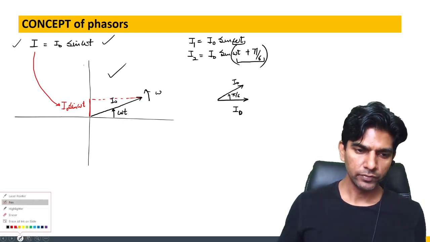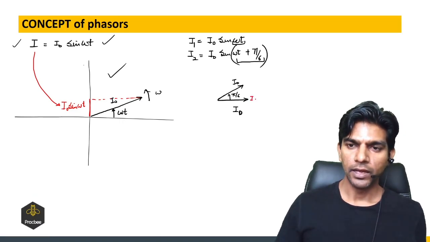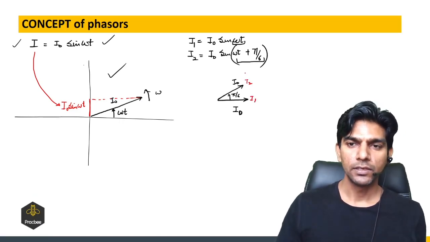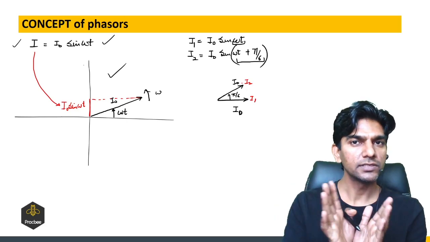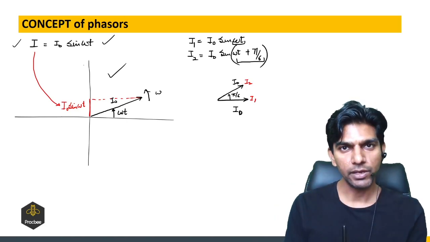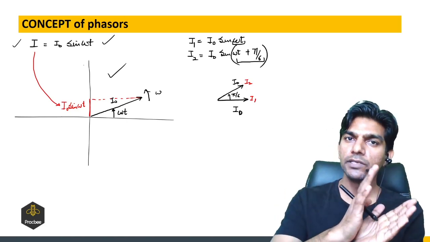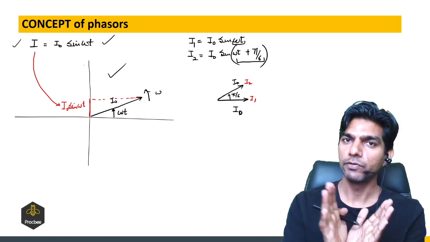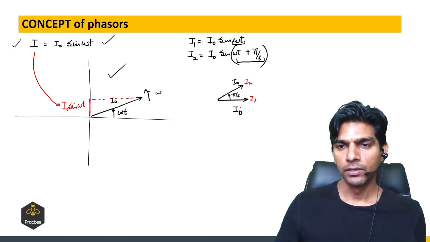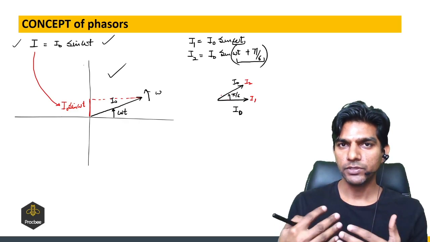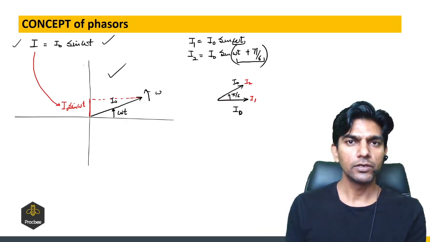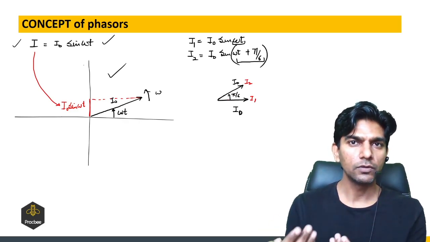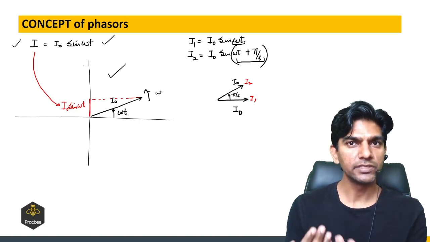So this is our I1 phasor, this is our I2 phasor, and both these phasors are rotating with the same angular velocity omega because they have the same angular frequency. So the angle between these two phasors will never change. It will remain the same as pi by 6. With this we can represent how the two physical quantities are related, which one is ahead, which one is lagging behind.